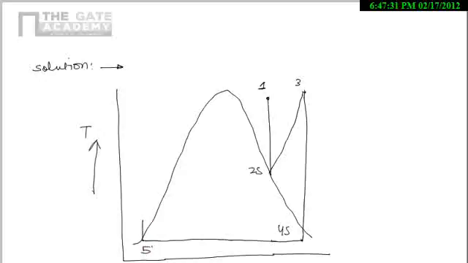From 5 to 6s there is pump work, and from 6s to 1 there is heat addition. So this is the typical process for this problem: 1, 2s, 3, 4s, 5, 6s and again 1.